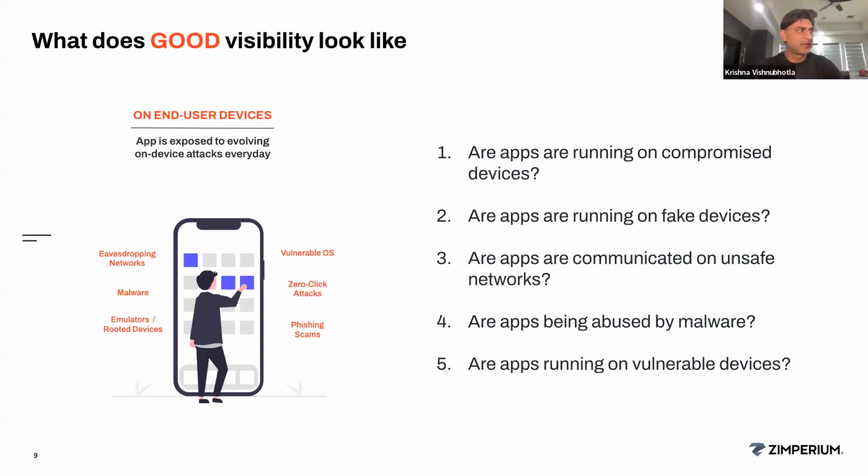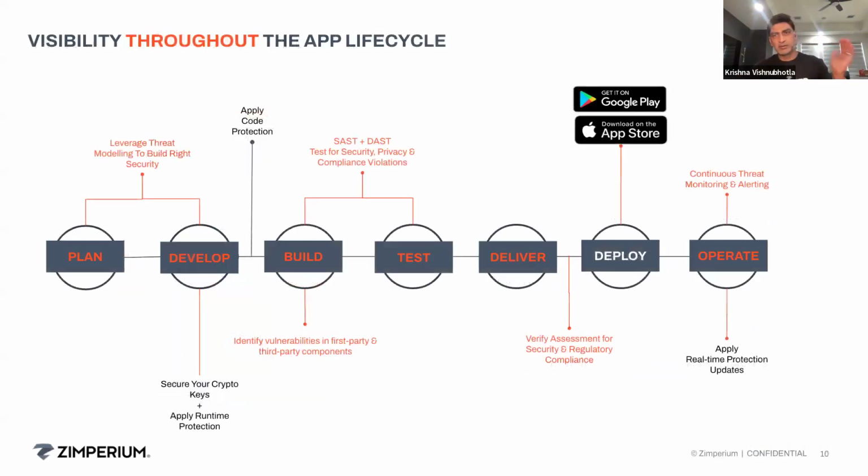Yeah. And that's a great analogy, right? We would never go to a restaurant in a bad environment if we knew. Now, if we take these three buckets that we talked about and we overlay a typical life cycle, obviously, there are areas to apply protections. But when we overlay the types of visibility we just spoke about, it's evident that you need visibility throughout the life cycle.